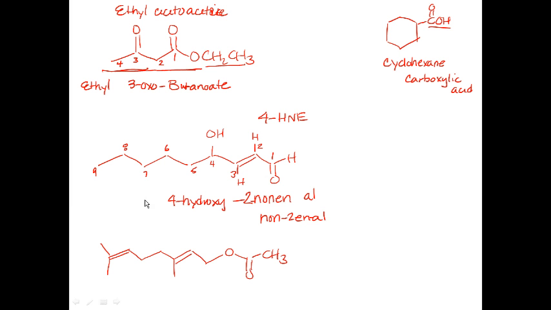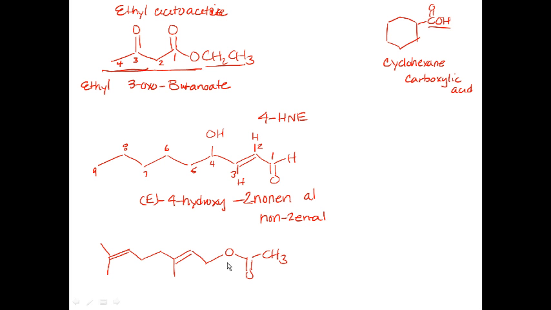So either you would say this is E 4-hydroxy 2-non-enal, or you could also call it 4-hydroxy 2-E-non-enal. So I'm just kind of giving you a little bit of a taste for the rules here, because they really do get complicated when you have a lot of multifunctional groups.